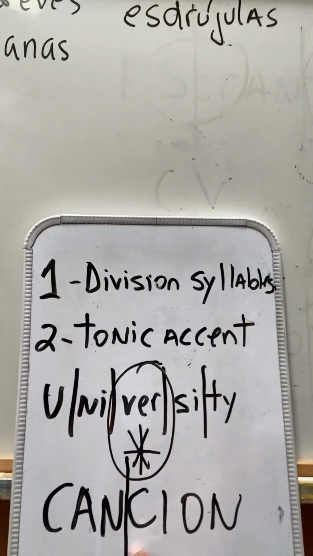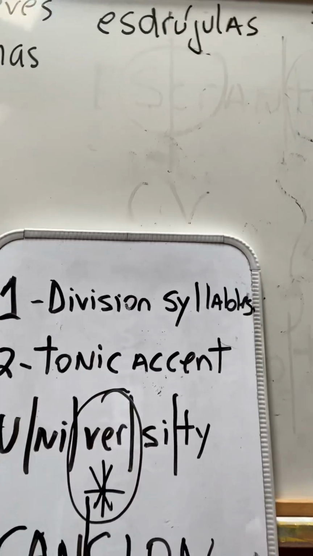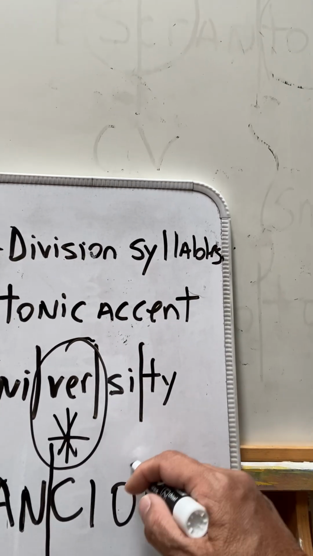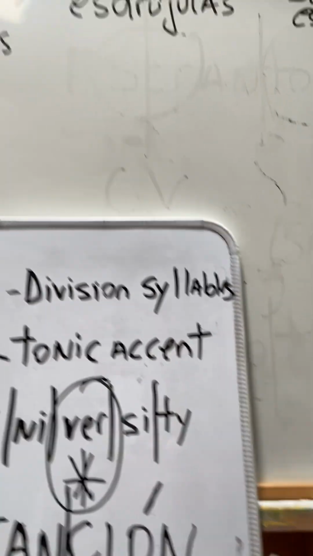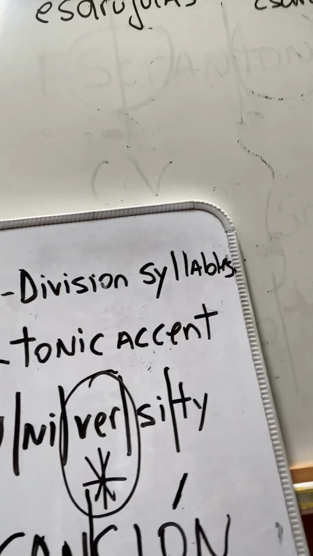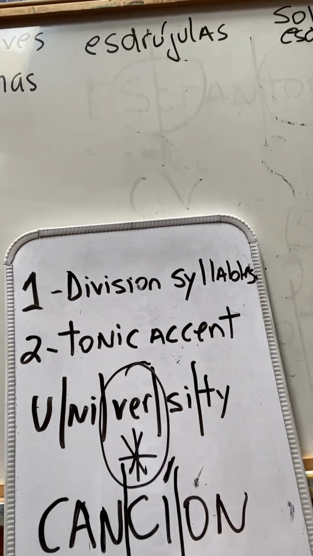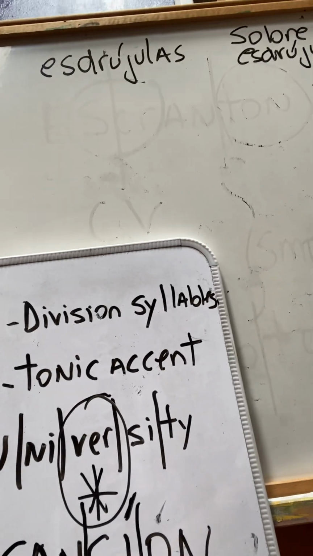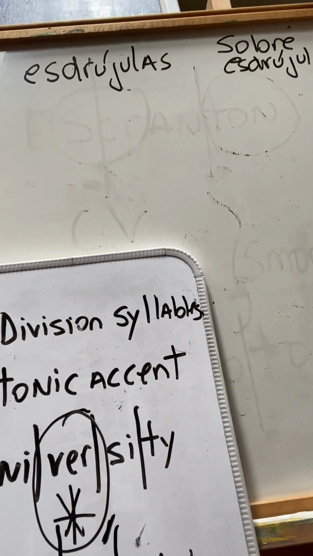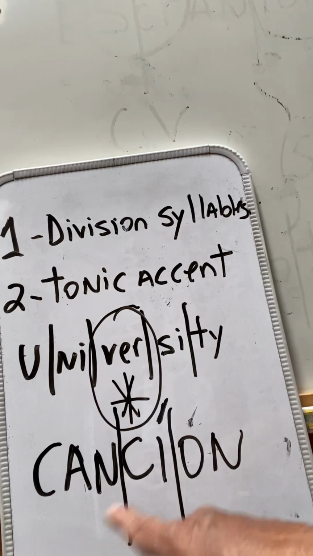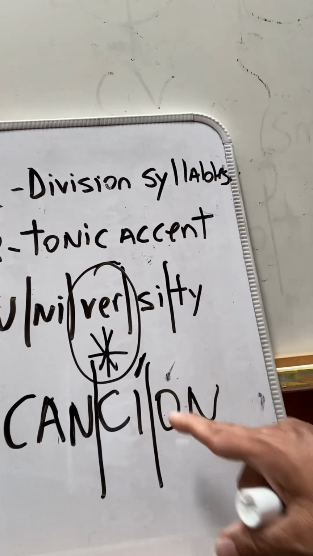And now we have to see here the sion. Why is it sion? It's because the accent goes over the O. But let's look at what would happen if I put the accent over the I. If I put the accent over the I, then we're making it into 3 syllables. Canción. Does that make sense? And we don't want that.